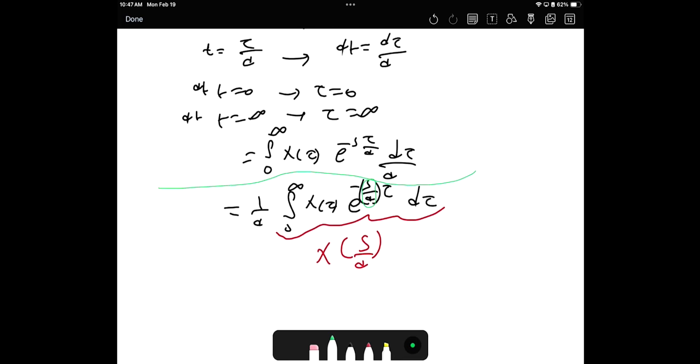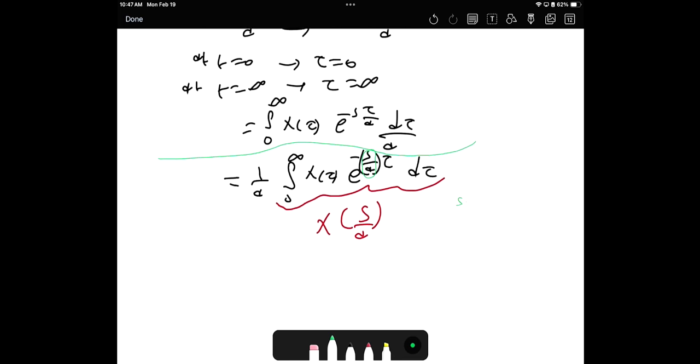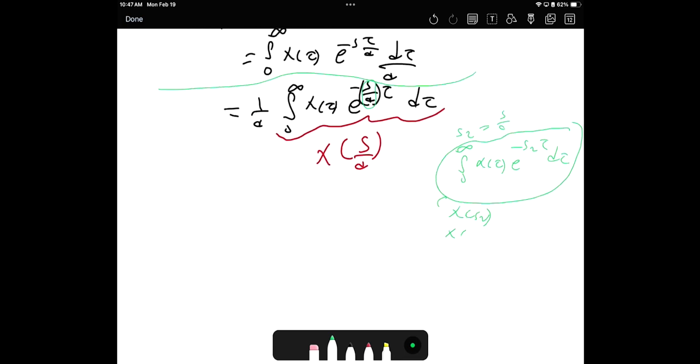You can assume this as, for example, let me call it s2, so it will be the integral 0 to infinity x of tau e power negative s2 tau d tau. So this will be equivalent to x of s2, and now substitute s2 as s over a, so it will be x of s over a. Then the final answer will be 1 over a times x of s over a.